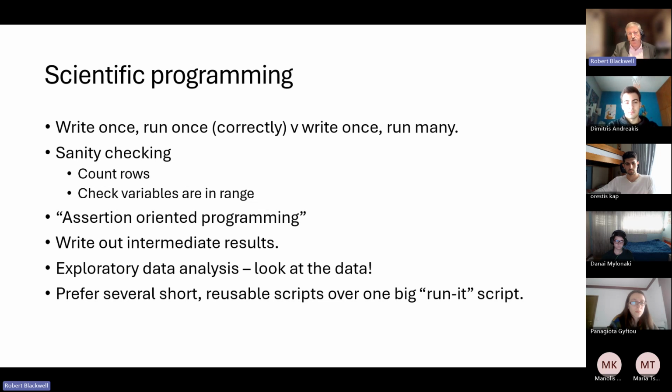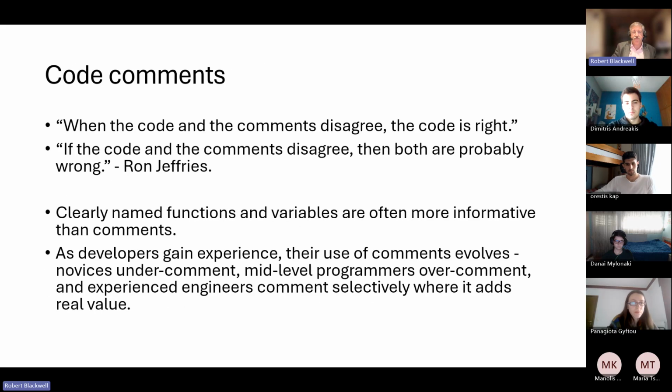So exploratory data analysis is all about looking at those intermediate steps. Generally, the idea is to prefer short, reusable scripts over one big run-it script. It's better to have lots of small things loosely connected that can be reused and composed than to have one massive script.